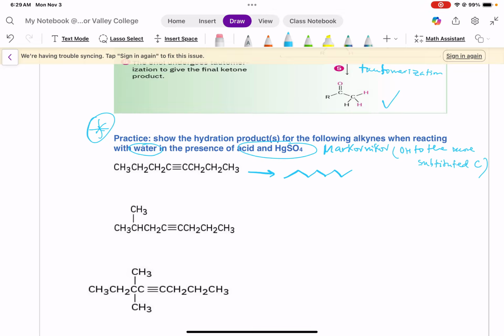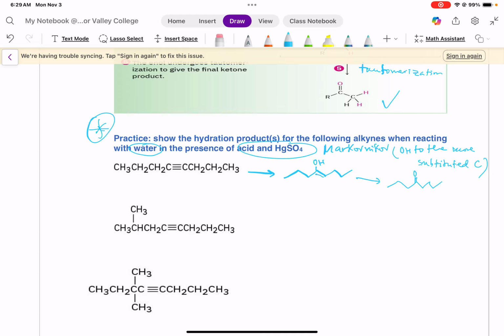So you have 1, 2, 3, 4, double bond, OH. So you can see 5, 6, 7, 8. Okay, so that's gonna become 1, 2, 3, 4, double bond O. We're done. Okay, a ketone.